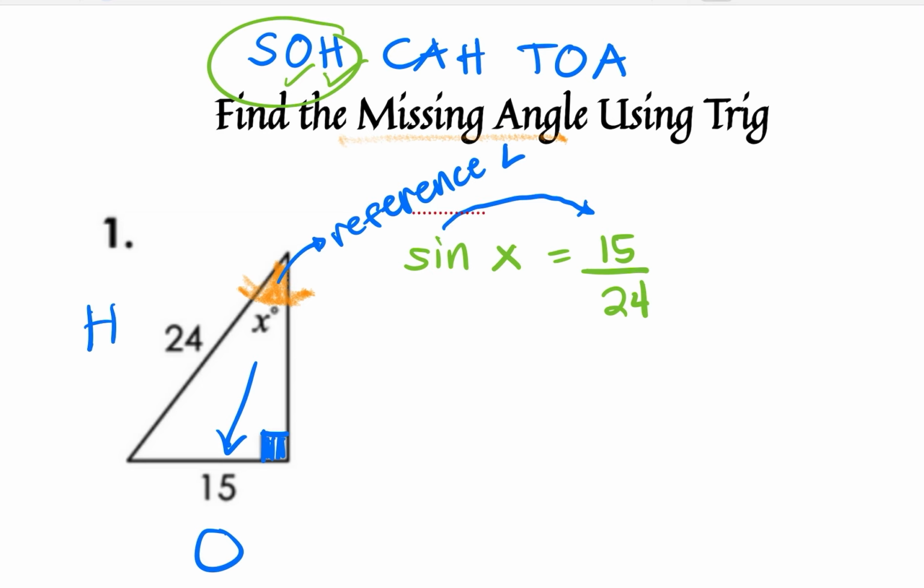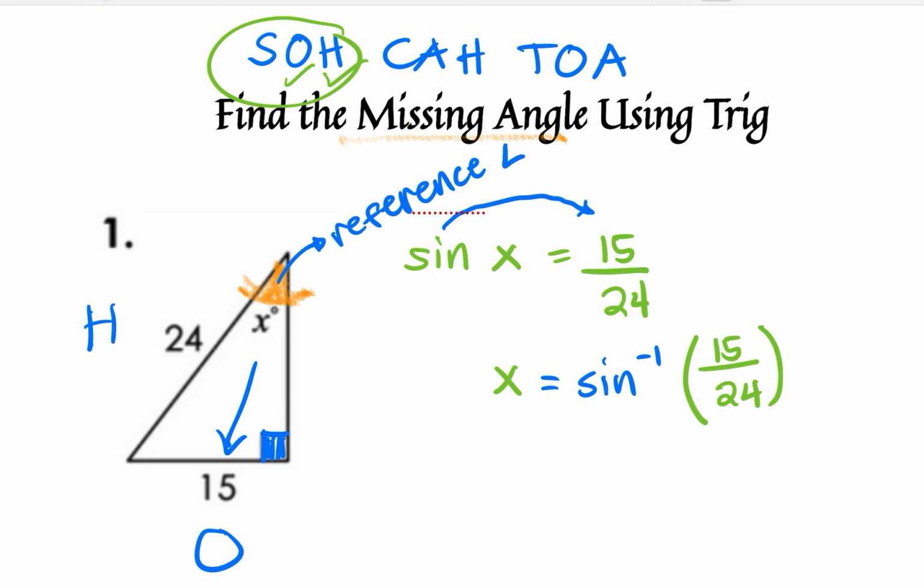When we do that, we're taking the inverse of sine. When we say inverse, it's going to have a negative exponent. And then we drop the fraction that we have, 15 over 24.